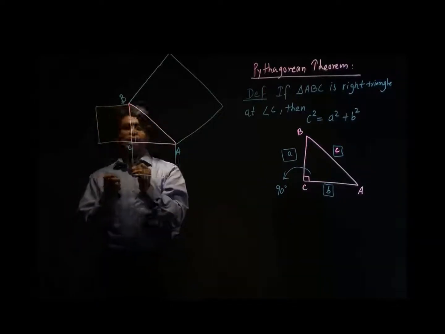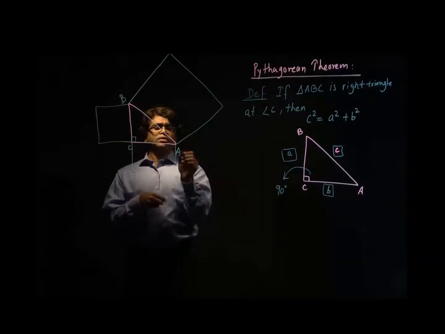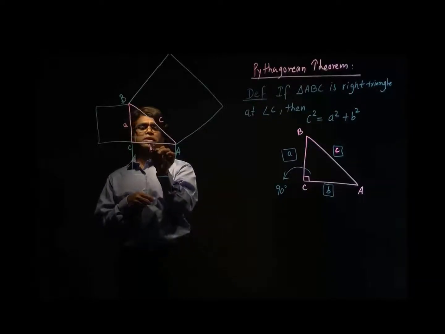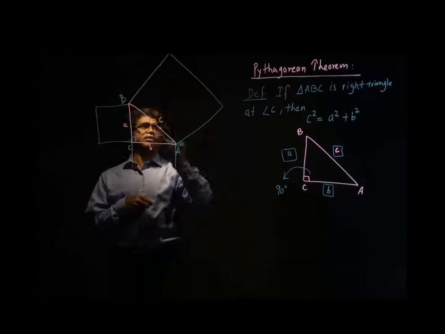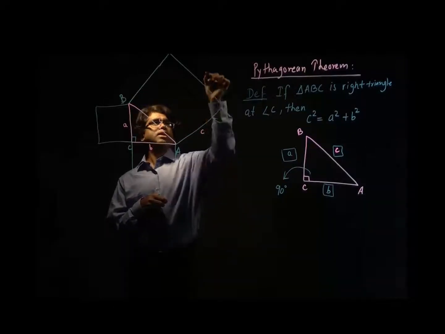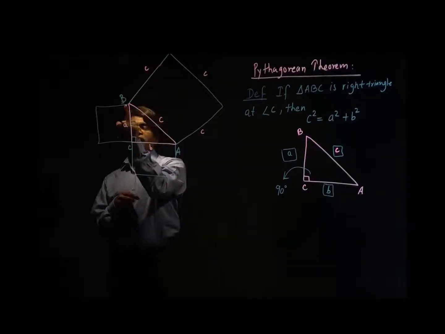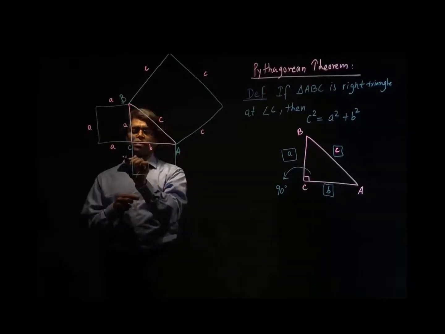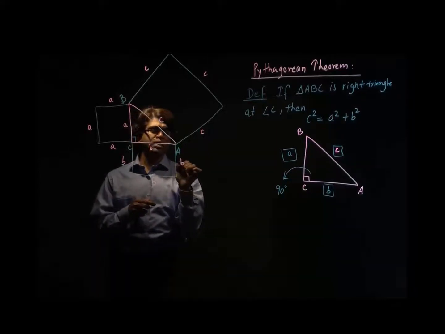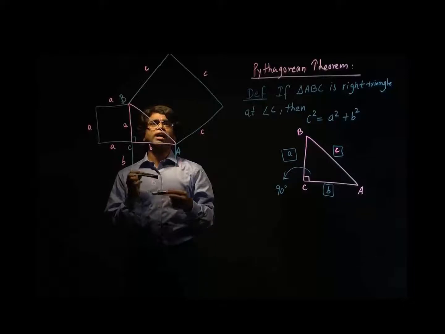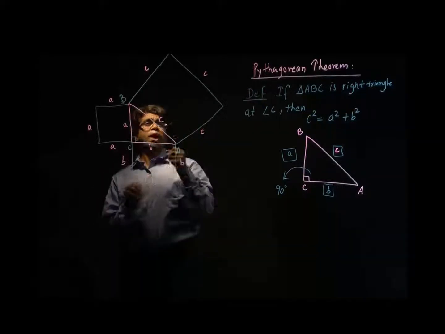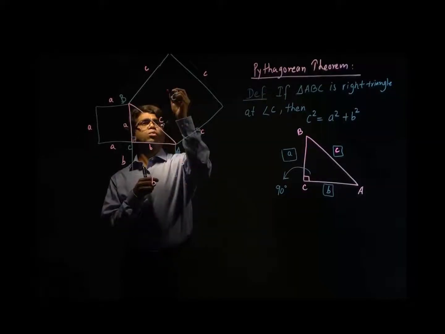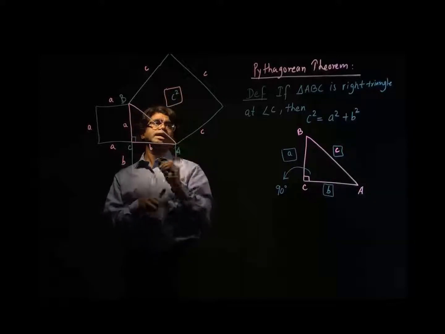My triangle will look like this. As we know, the side opposite to A is a, opposite to C is c, and opposite to B is b. So the length of all the sides of this square will be c, of this square will be a, and of this square will be b. If I want to find the area of this square, it will be c squared, because the area of a square is side times side.